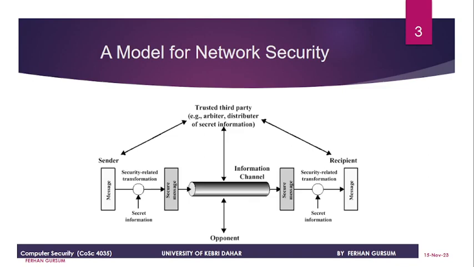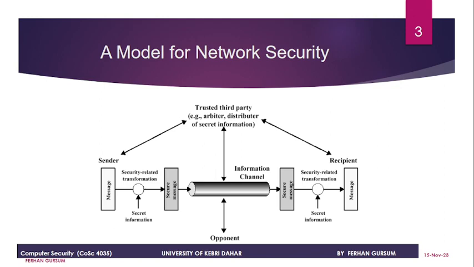There are opponents. When we say opponents, attackers or hackers are there, who want to see our information, or those who want to change it, like masquerade or replay, that they want to do on our information.